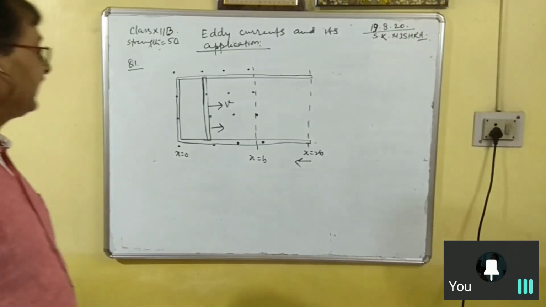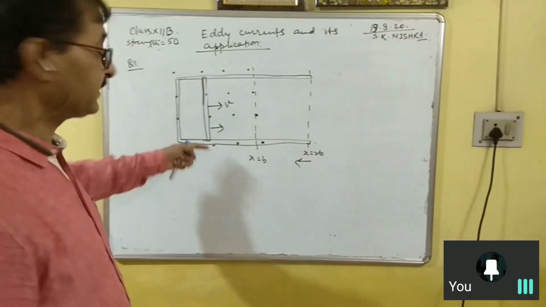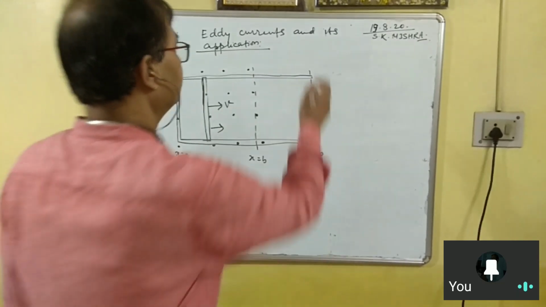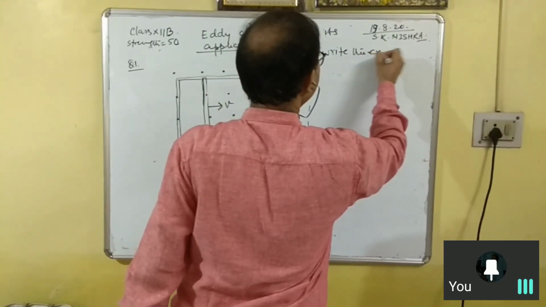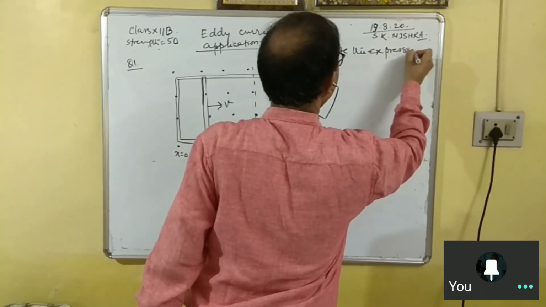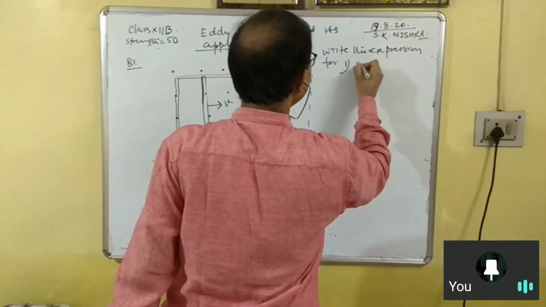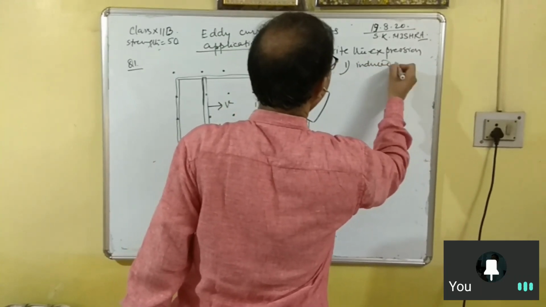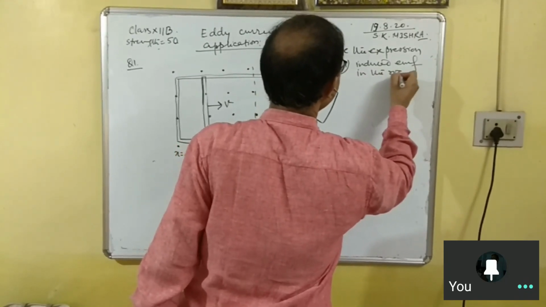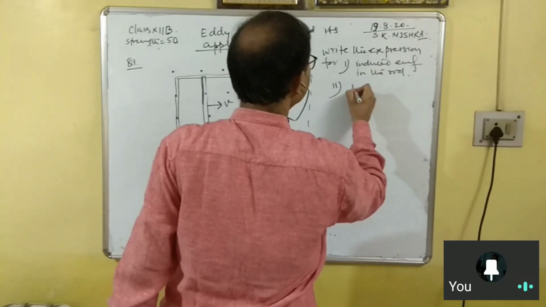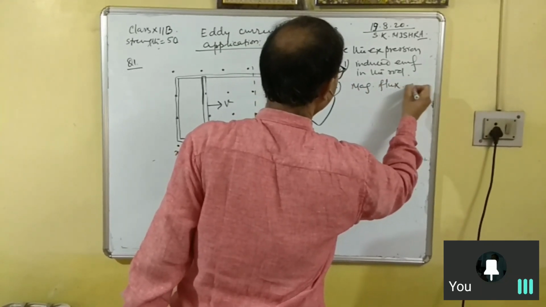Now the question is, you have to write the expression for the induced EMF. Write the expression for the first part, the induced EMF in the rod. The second part is the magnetic flux, phi.